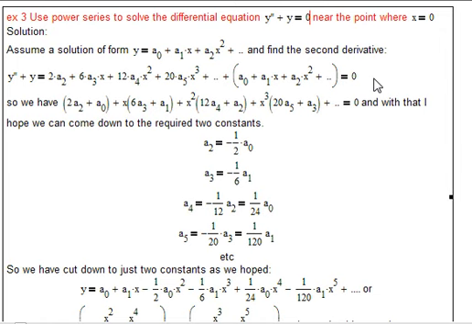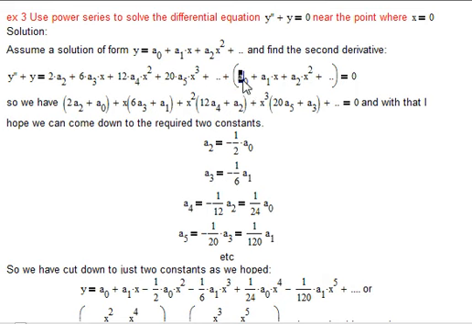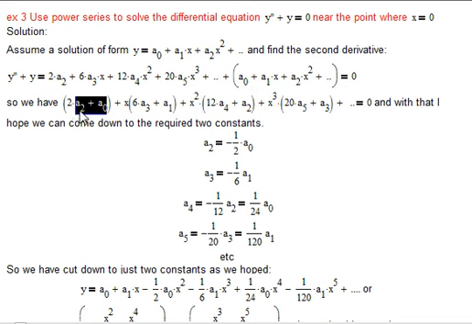Now what we have to do is say our coefficients have to match. a0 is the term with no x's out of this part, and 2a2 is the term with no x's out of this part. So 2a2 plus a0 has to be equal to 0.